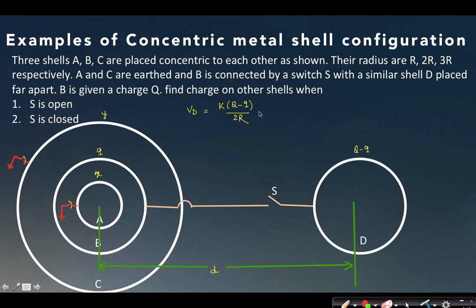So that will give a potential K into x plus y plus q divided by d.